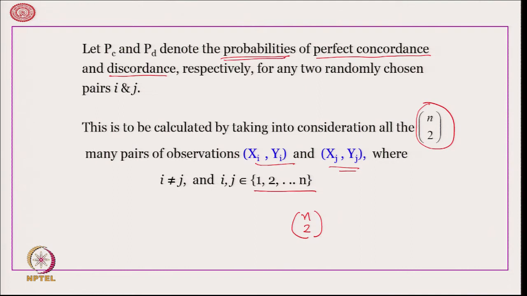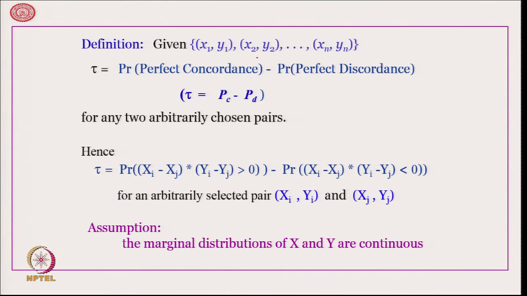So, given (x1, y1), (x2, y2), ..., (xn, yn), the tau value, or Kendall's tau, is the probability of perfect concordance minus the probability of perfect discordance, or in short we write tau is equal to Pc minus Pd, where Pc is the probability of perfect concordance and Pd is the probability of perfect discordance.